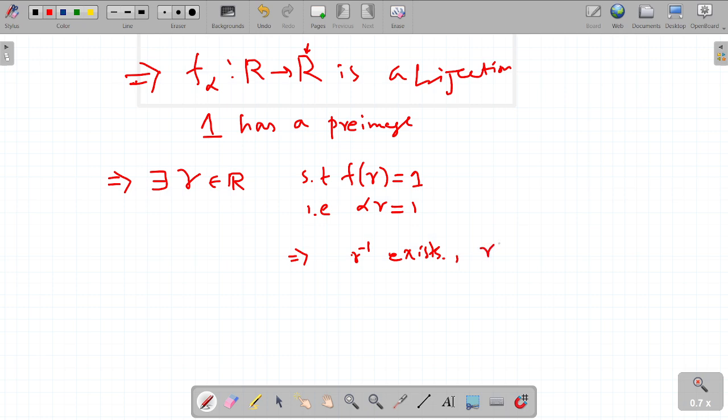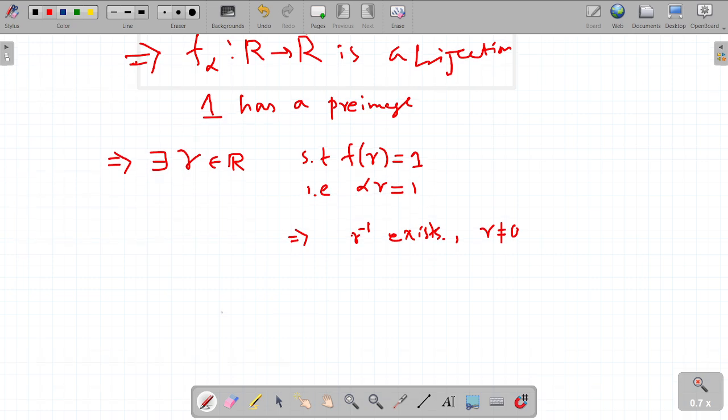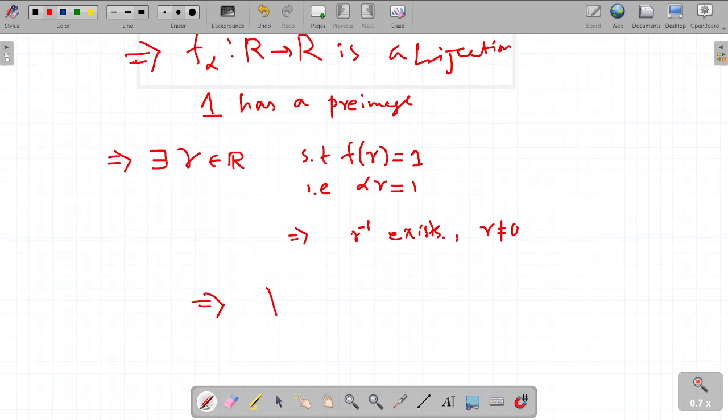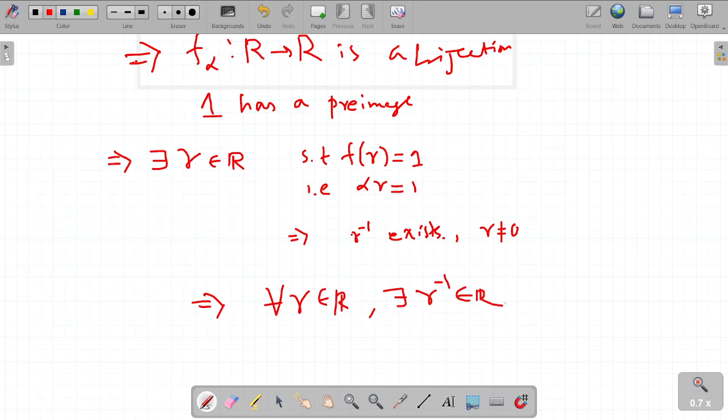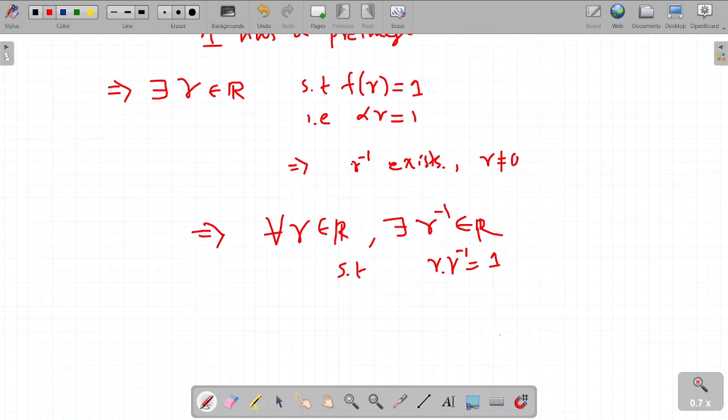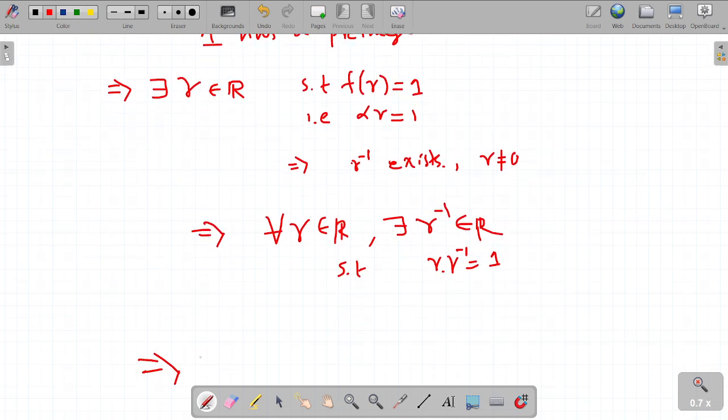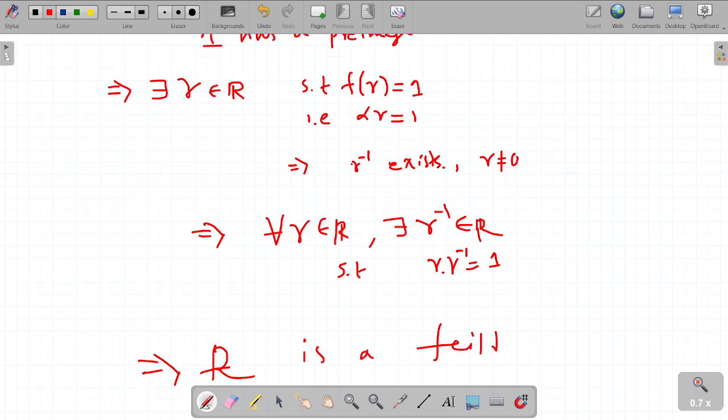And r is not equal to 0, obviously, or else the product would be 0. Therefore we can say that for all r belonging to R there exists r inverse belonging to R such that r times r inverse equals 1, which implies that R is a field. Thank you.